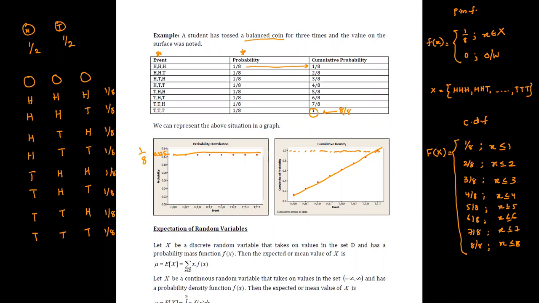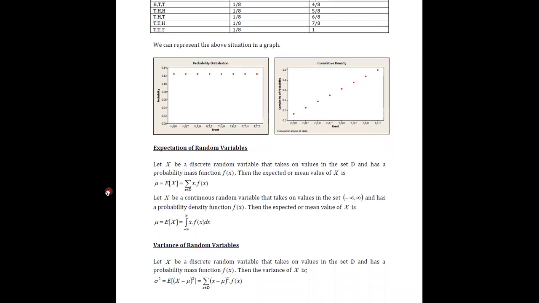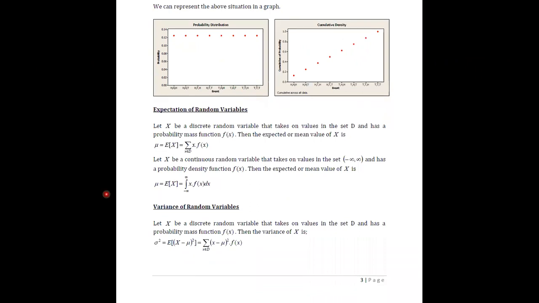And now we will move to the last part of this, obtaining the expectation of random variables. Here we will also discuss obtaining the variance and standard deviation. There is a concept called moment for a random variable in statistics.